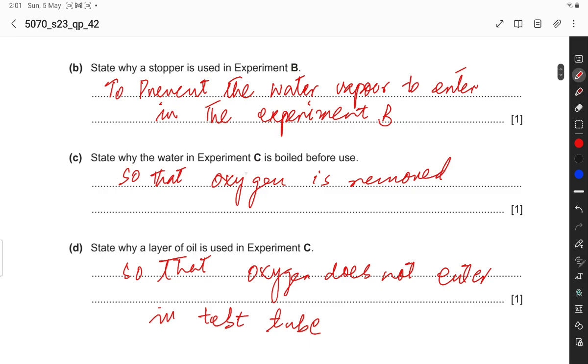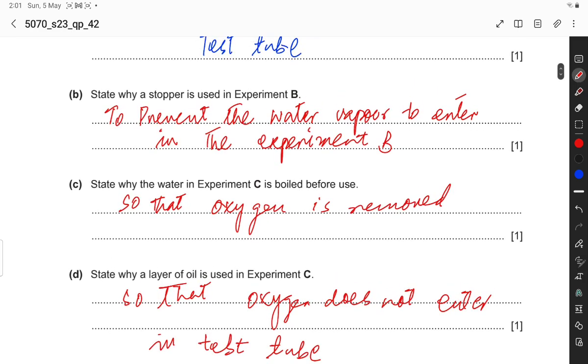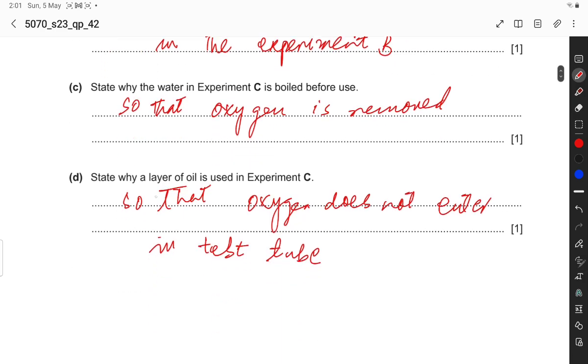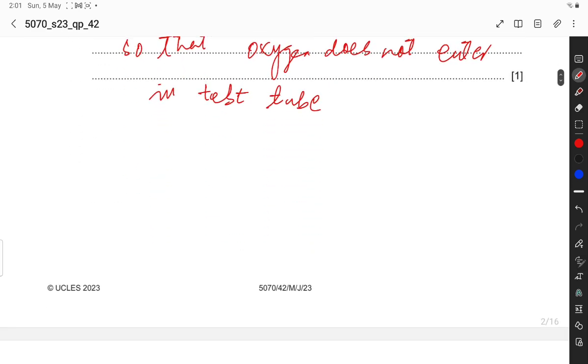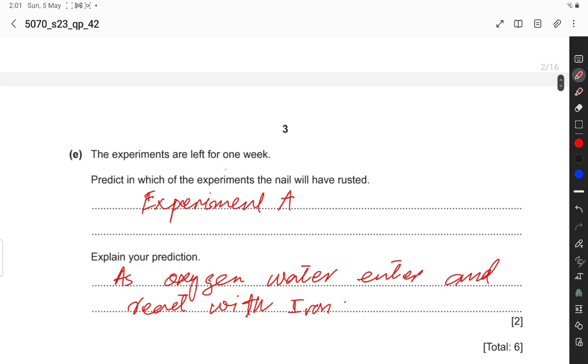State why the water in experiment C is boiled before use. Oxygen is removed. State why a layer of oil is used. Oil acts as a barrier to prevent oxygen from entering the test tube. The experiments are left for 1 week. Predict in which experiment the nail will have rusted.